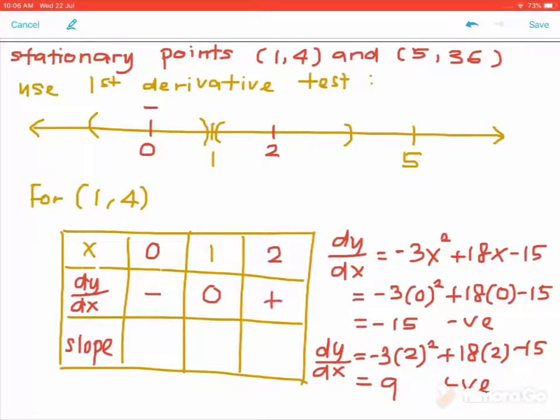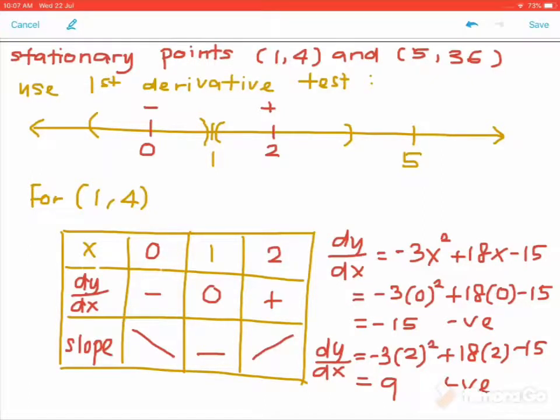So we write positive here, meaning the interval after 1 is positive. What is the meaning of positive and negative? It means the behavior of the gradient is either increasing or decreasing. For negative, the slope decreases; 0 is a horizontal line; and positive is increasing.